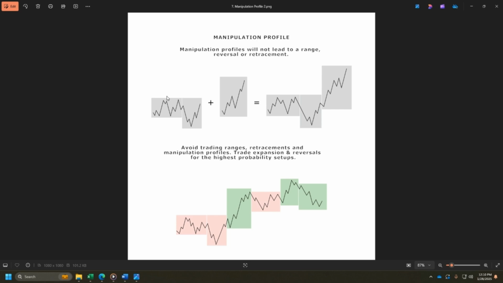Liquidity is extracted from both ends of the range, and price is manipulated before expanding in the opposite direction. So we'll have a sort of upwards and downward movement in this case here, since we're looking at a bullish scenario.